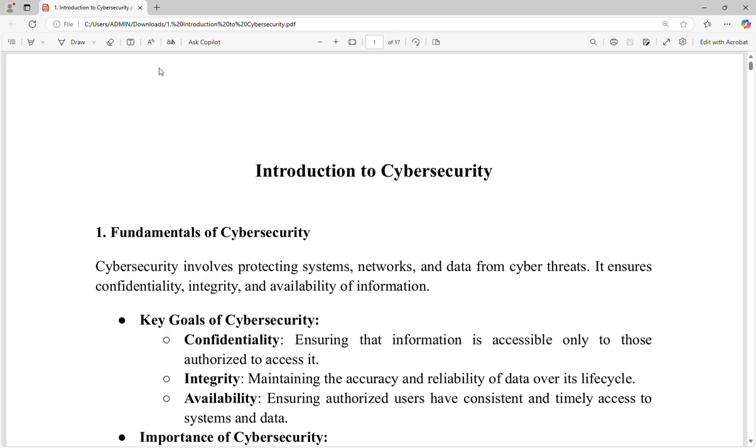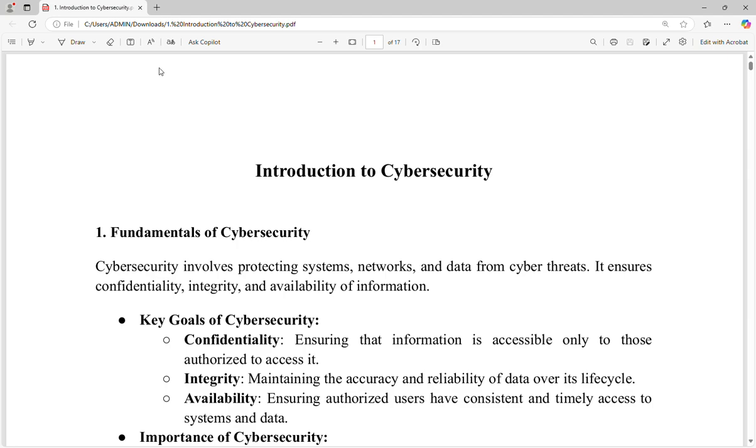This is the fundamentals of cybersecurity. The aim of today's class is to introduce cybersecurity and the importance of cybersecurity. So we are going to start with the fundamentals.